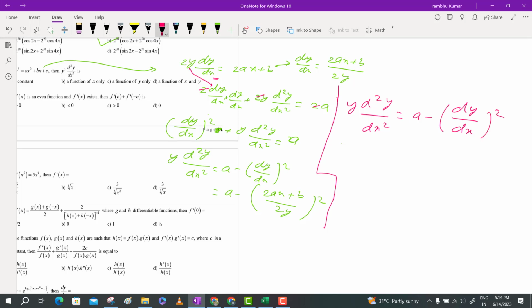Now in the question they have asked y cube d square y by dx square, which means multiply both the sides with y square.